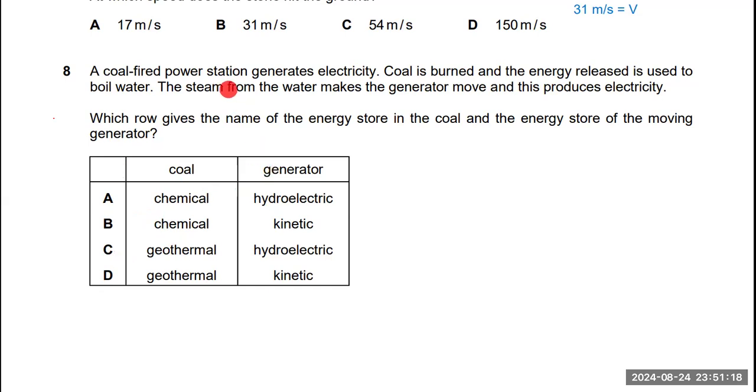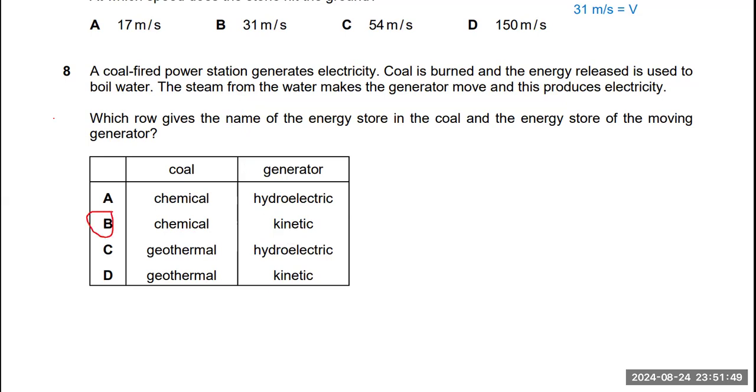When steam of water collides with the coil of the generator, then the parts of the generator start to move, creating motion. Due to motion, we always ask about kinetic energy. As I have discussed in the previous question, the energy possessed by a body due to its motion is kinetic energy. It means our correct answer will be B.